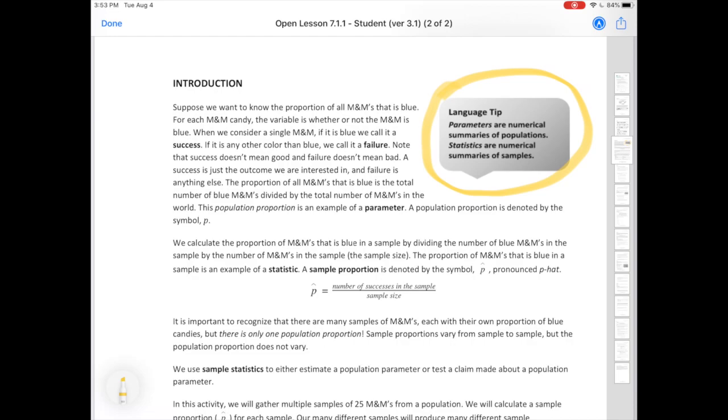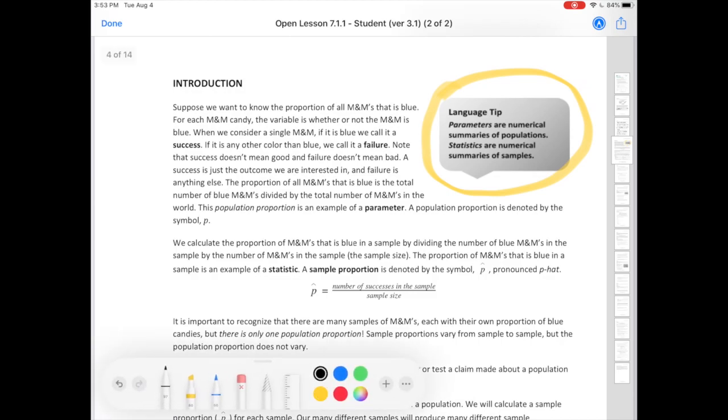Parameters are numerical summaries of populations, and statistics are numerical summaries of samples. So a parameter talks about everything, and a statistic just talks about the sample. Let's talk a little bit more about this.